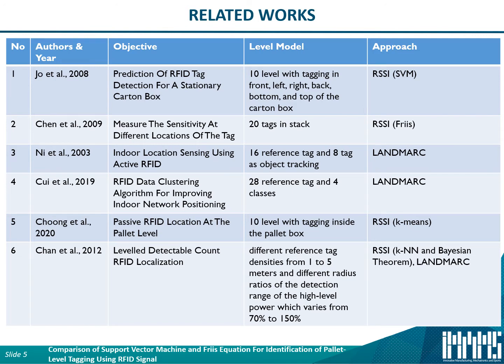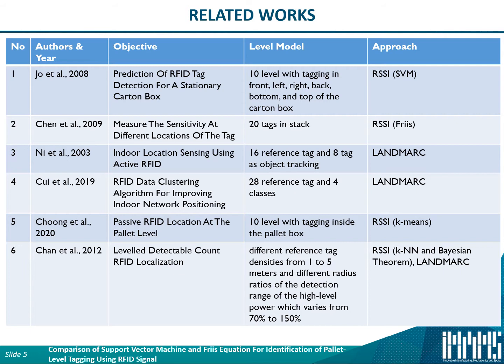Following by the two, they are using the landmark approach, which is going to locate the indoor location sensing using the active RFID and RFID data clustering algorithm for improving the indoor network positioning. Last but not least, some researchers apply clustering method.